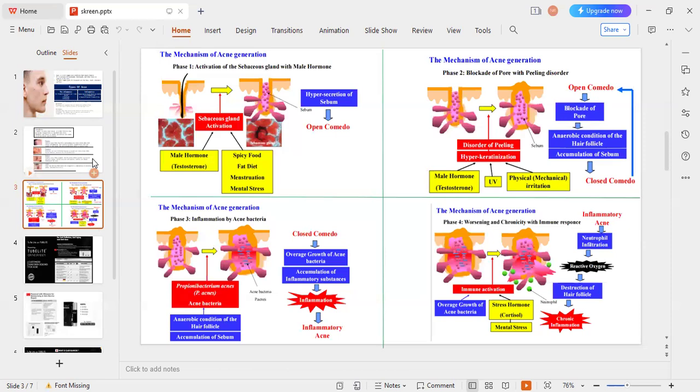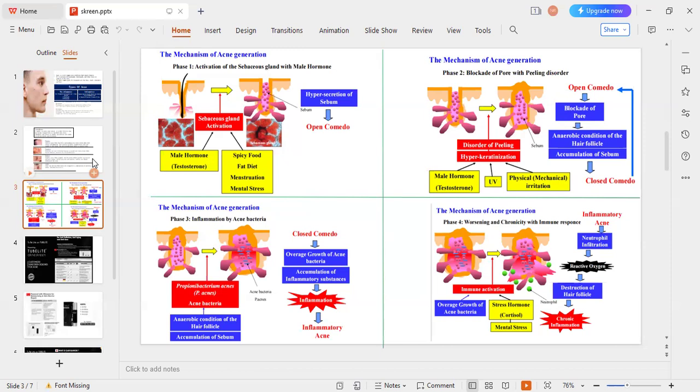So now let's understand the different ways through which acne is generated on a person's face. In the first phase, we will see the activation of the sebaceous gland by male hormones. When there is activation of the male hormone testosterone, or when people eat a lot of spicy food, fatty diet, or junk food, or when women undergo menstruation, or when male or female are undergoing mental stress, there will be sebaceous gland activation.